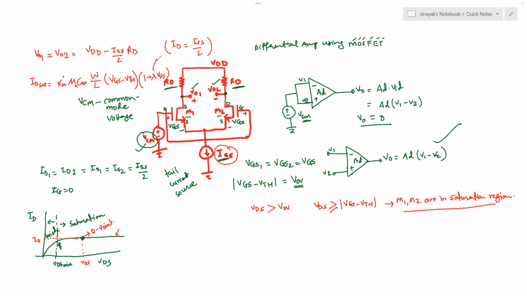So lambda is the channel length modulation parameter, which indicates the variation of the drain current with the increment of your VDS, that is the applied electric field.